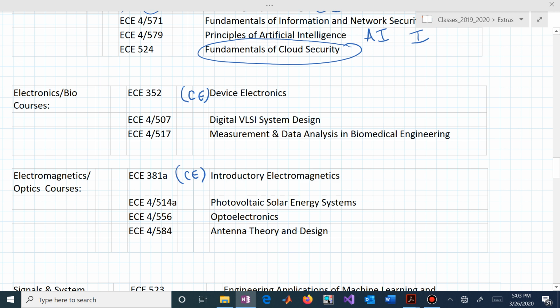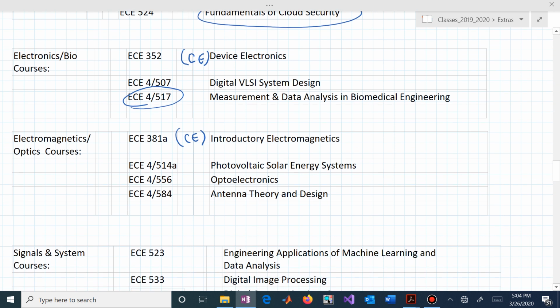Now you're looking at digital system design versus analog integrated circuits in 450, which was offered in the fall. If you want to know how do you create sensors or wearables, maybe a first step might be to think about taking this 417 class where you're now interested in measurement and data analysis in biomedical engineering systems.